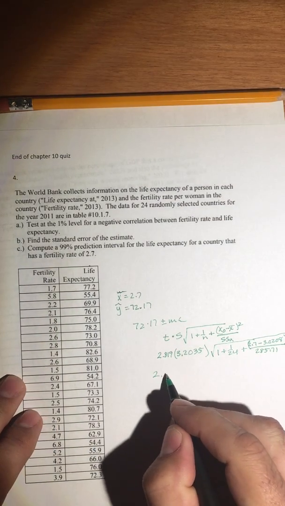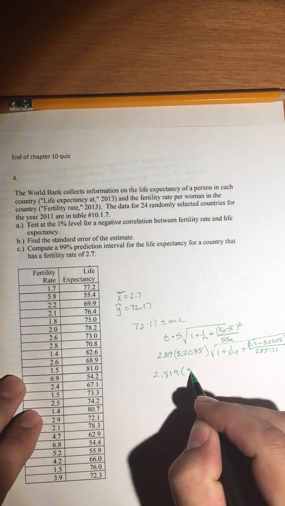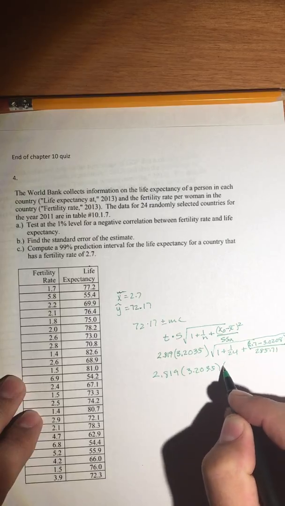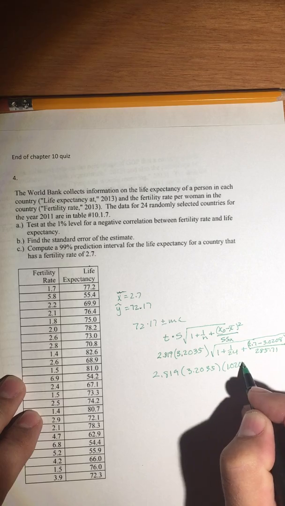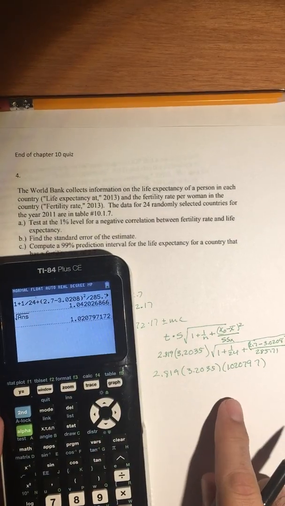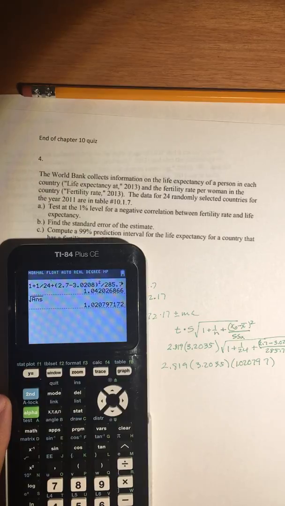So now I've got 2.819 times 3.2035 times 1.020797. So let's take all of those and multiply them together.